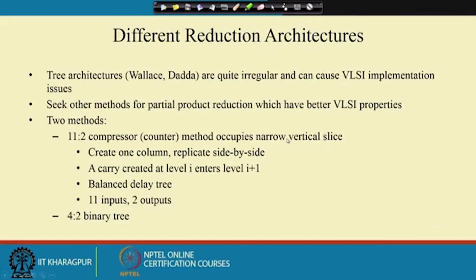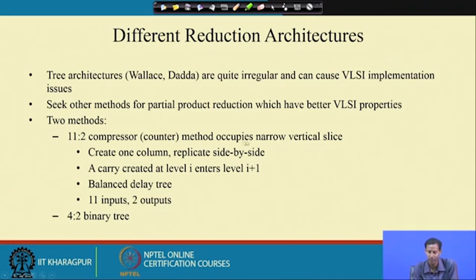Okay. So, in the 11:2 compressor, the method basically applies in the vertical direction, and it creates one column replicated side by side, and a carry created at level i enters into level i plus 1. The structure is very much balanced, it consumes 11 inputs together and produces 2 outputs finally.